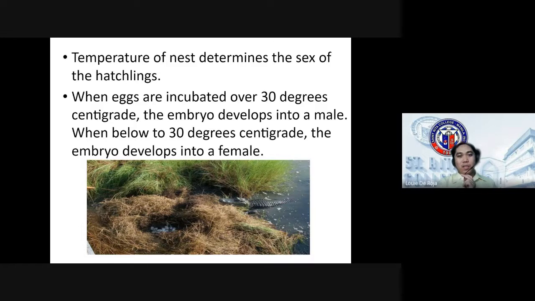Kapag above 30 degrees, lalaki yan. Kapag mababa, below 30 degrees centigrade, babae yung sex or gender noong hatchlings.